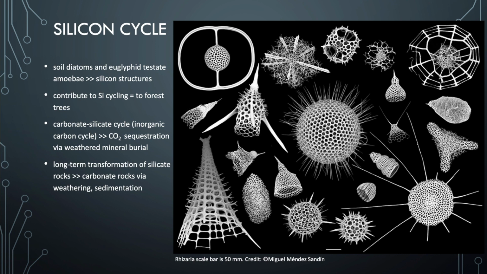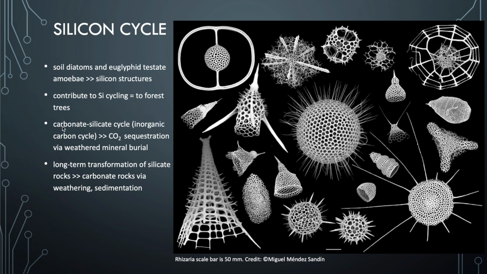Another important cycle in which soil protists play a large influence over is the silicon cycle. And this particular cycle is determined by diatoms and euglyphid testate amoebae, and that's because they contain silicon structures. They contribute to silicon cycling to the equivalent of what forest trees are capable to cycle.